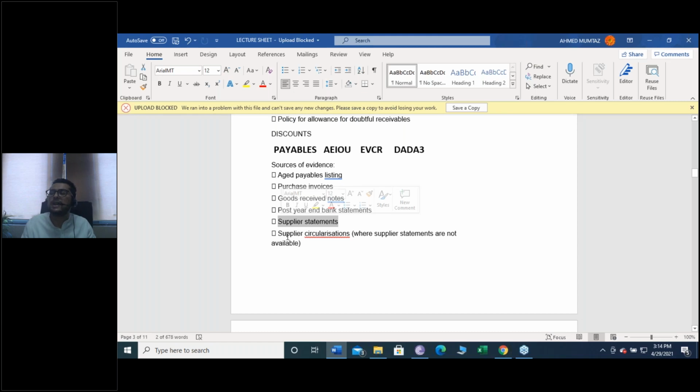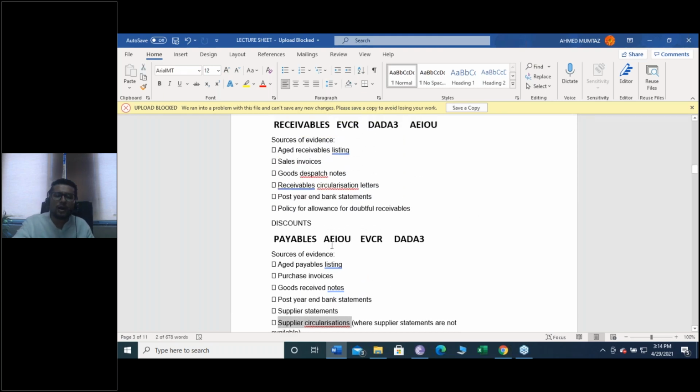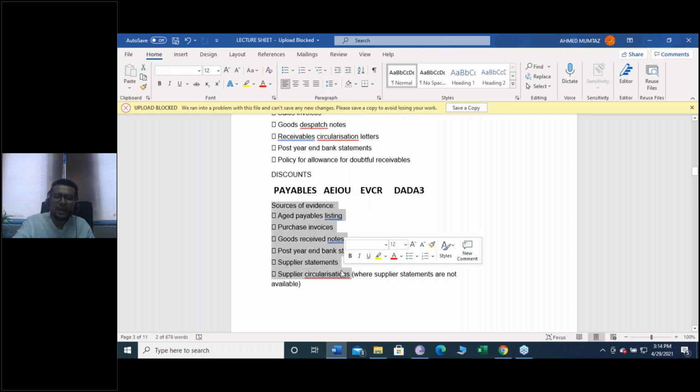It's a statement sent by the suppliers to the client in order to confirm what transactions have been gone through. So that's a supplier statement. And similarly, just like the receivable circularization, there is supplier circularization.